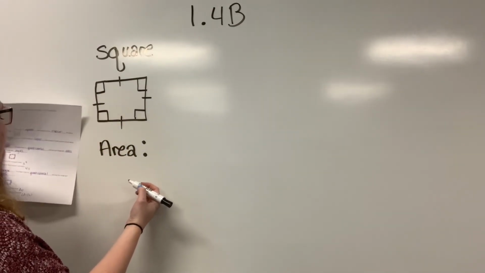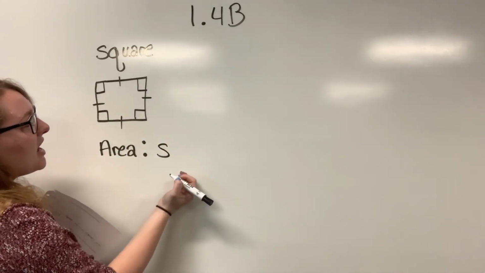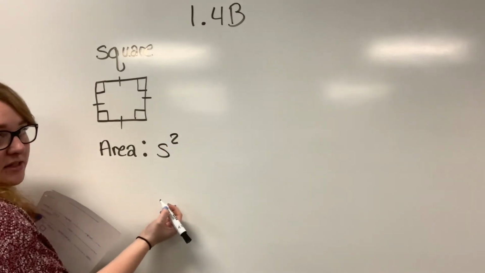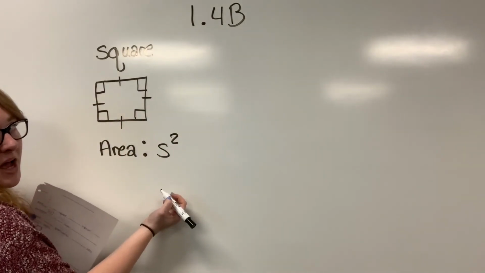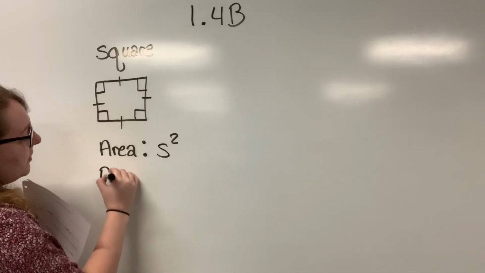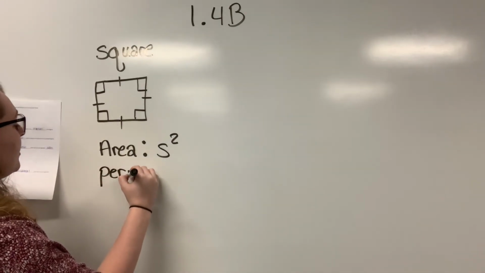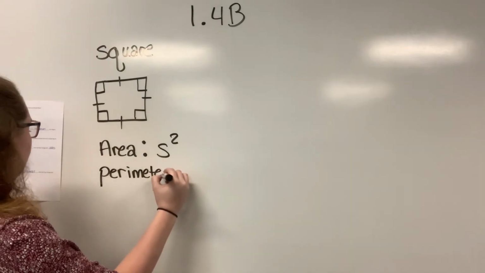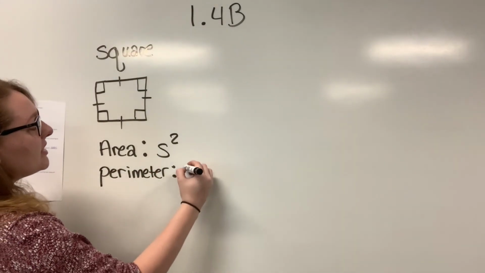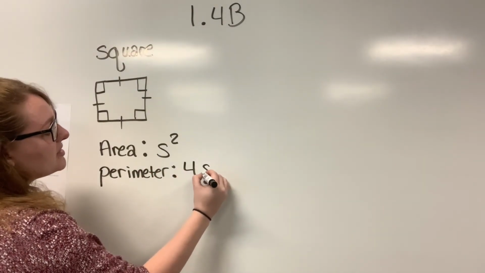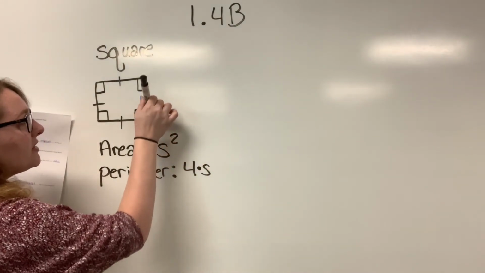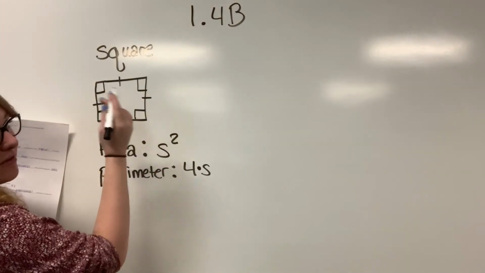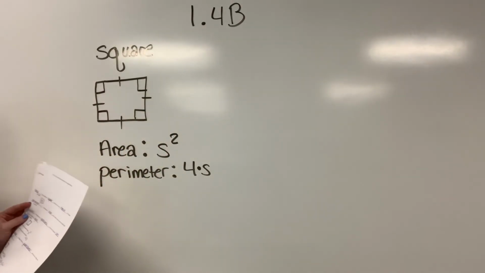The formula for that is taking one of the sides and squaring it. So the length of one of the sides and multiplying it by itself. If we wanted to find the perimeter, the formula is to multiply one of the sides by 4. Okay? Multiply one of the sides by 4 because we have 4 sides.